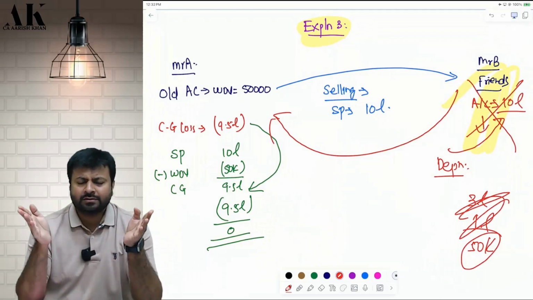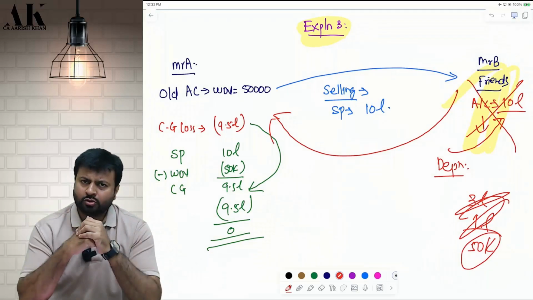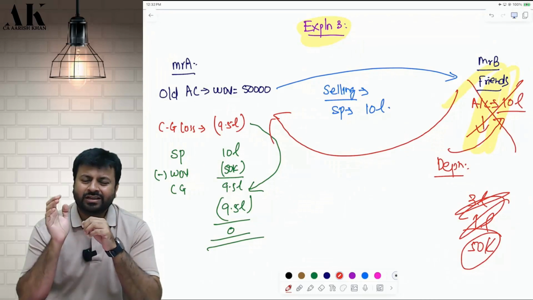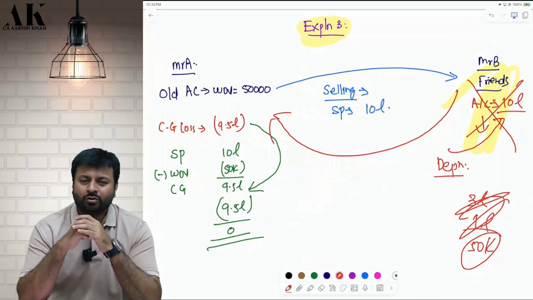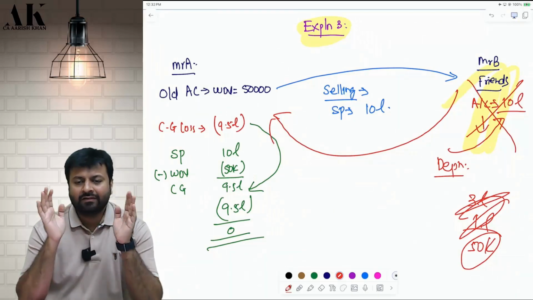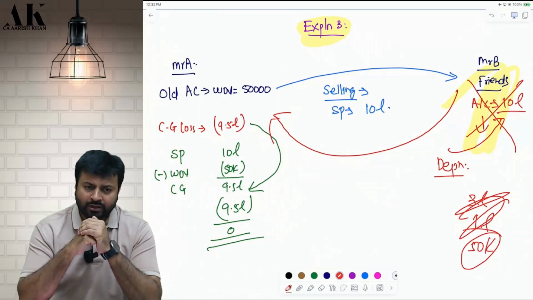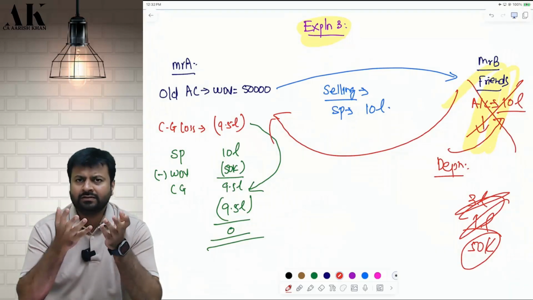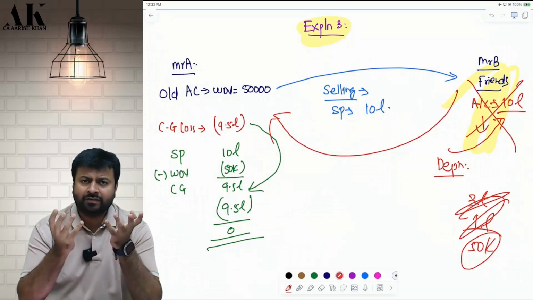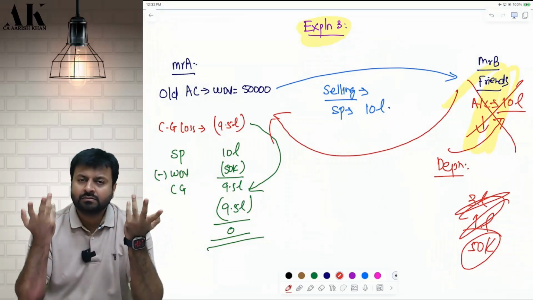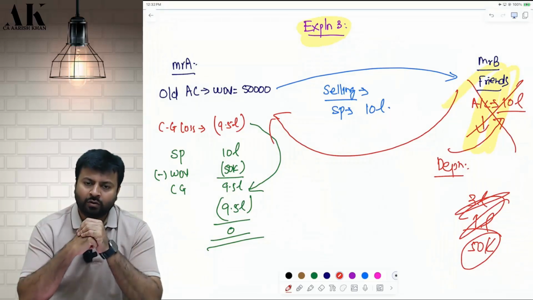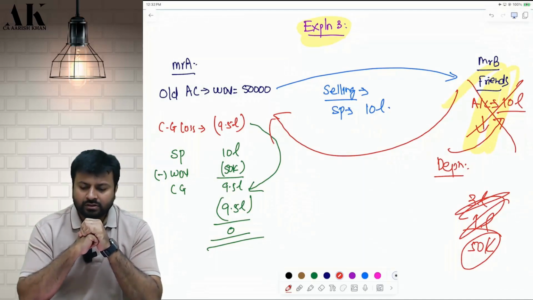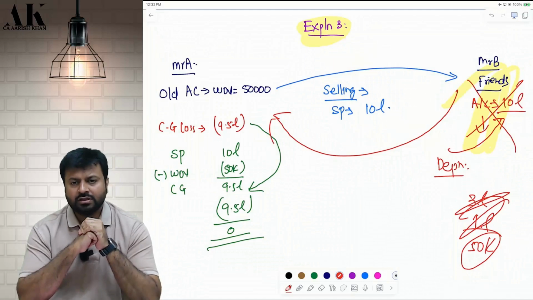During the assessment, the AO will catch you. The AO will not come to know sitting at his home who is purchasing at a higher price. He will come to know only during assessment. When your assessment is done, at that time, the AO will see which all assets you have bought. And if he finds that you are buying at a very high price, he may raise a question on your pricing. So this is what this explanation is all about.